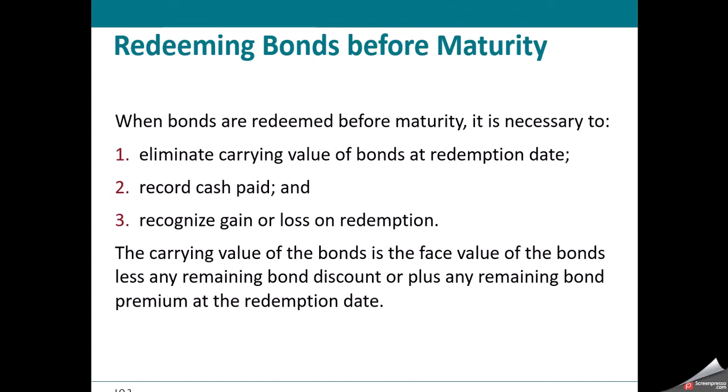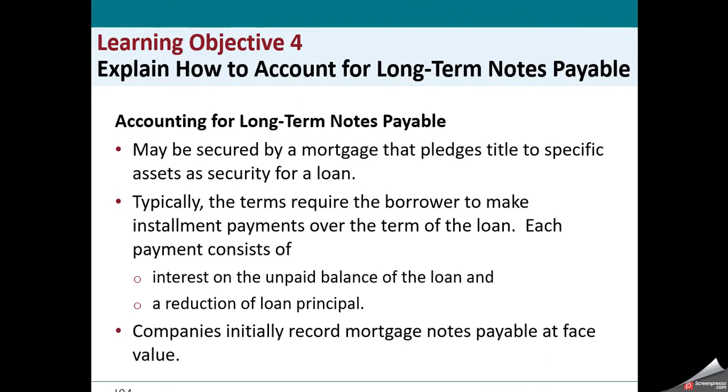And when that happens, there's normally going to be an additional amount that they have to pay the bondholders to get them to cash in. But if the bonds are callable, the bondholder has no choice. They will be cashed in. Okay, but then there could be a gain or loss because again, there could be a different amount of money.